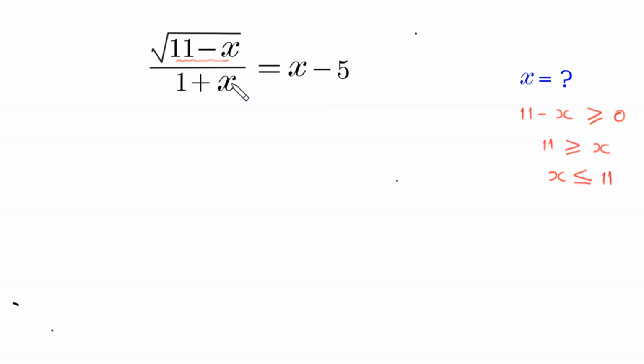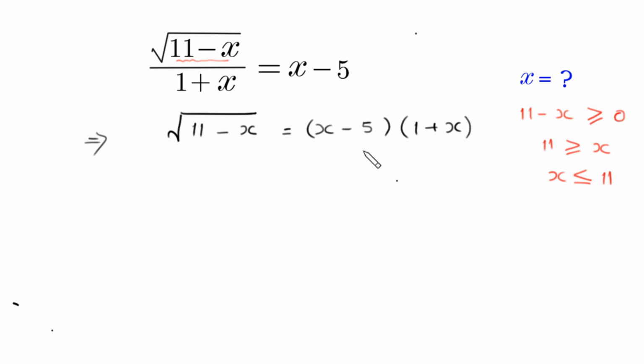Now let's continue. If we multiply both sides by 1 plus x, this implies that square root of 11 minus x is equal to x minus 5 times 1 plus x. Next, square root of 11 minus x is equal to x times 1 is x, and x times plus x is x squared.